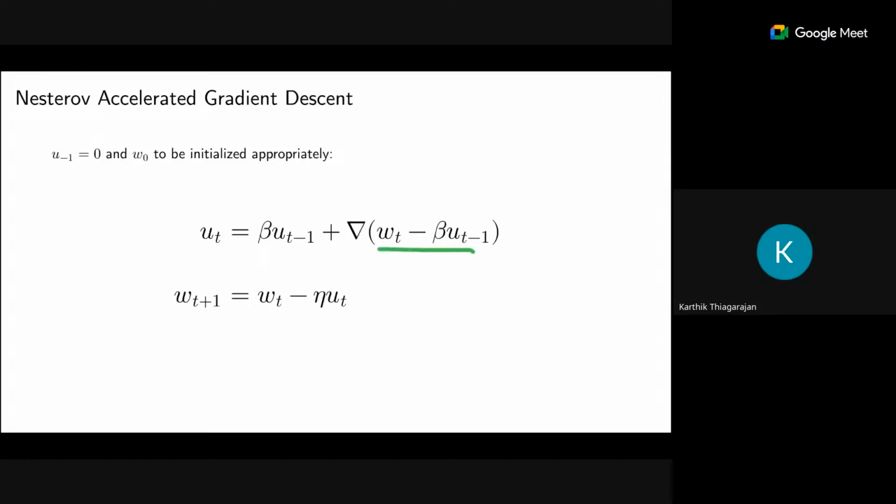You first move by negative beta ut minus 1, go there, compute the gradient, and then accumulate that gradient. Earlier we were just computing the gradient at wt, but now we realize that there is some momentum accumulated anyway, so let me go there, compute the gradient, and then accumulate that gradient into ut. Apparently that speeds things up. But if you look at the textbooks that I've shared, they also don't have much to say with regard to Nesterov. That is all they have to say.